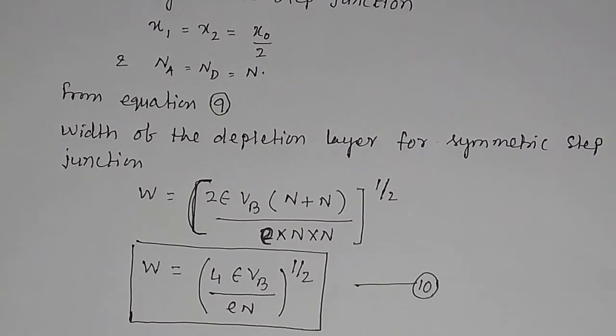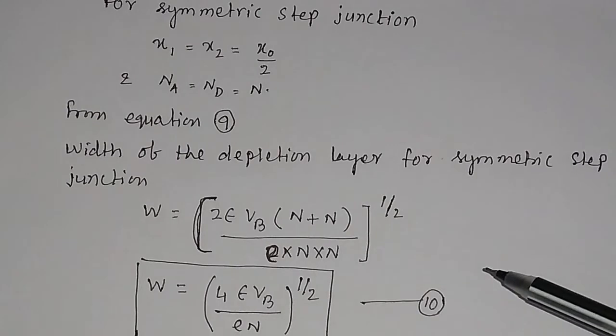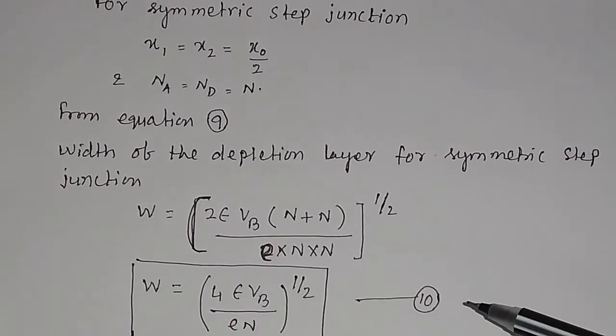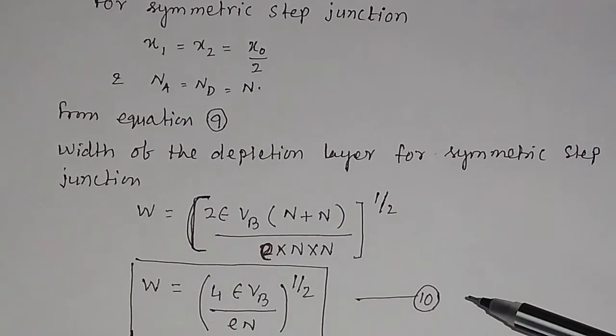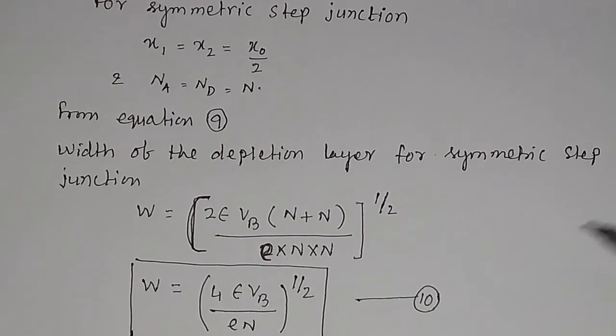So in this video we have derived three things, that is the derivation for the barrier potential for the entire P region and for the entire N region, and we have also found out the width of the depletion layer for the symmetric step junction and also for the asymmetric step junction.